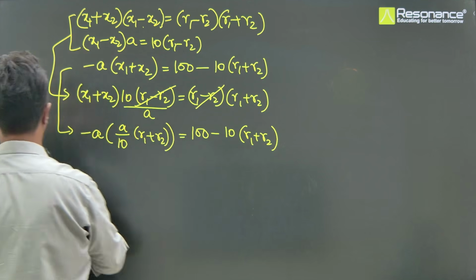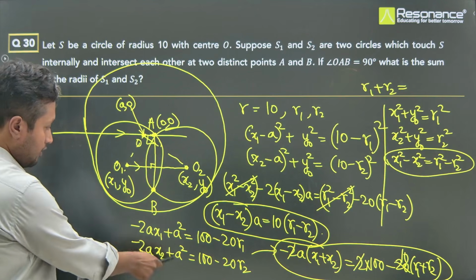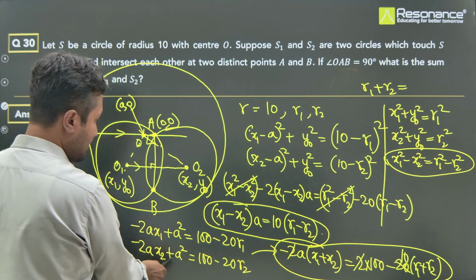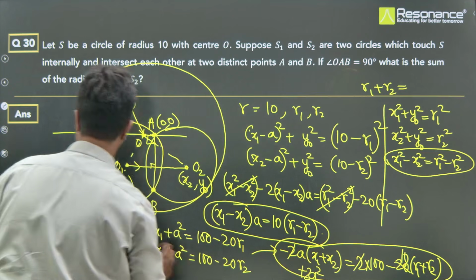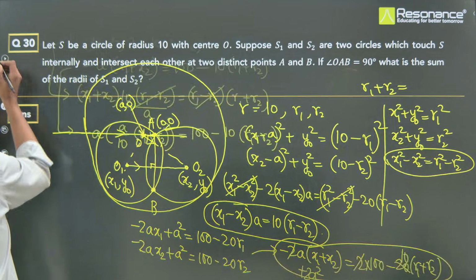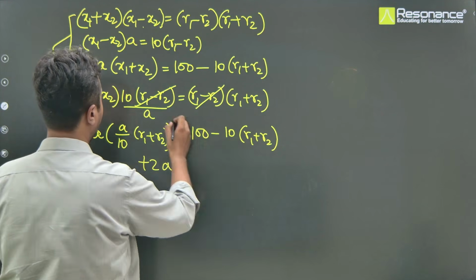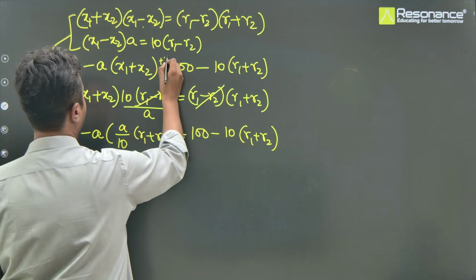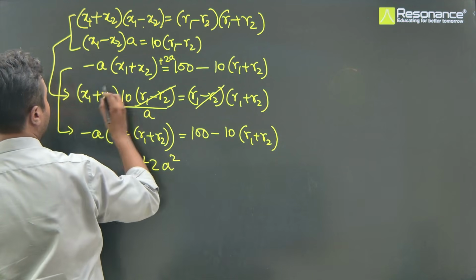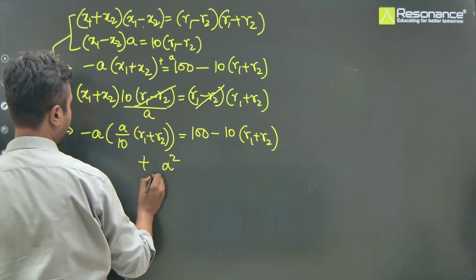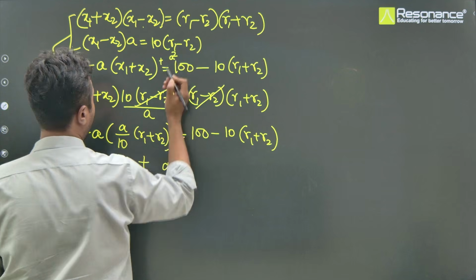Oh, so that's the term I missed. Over here you have a square and a square. I forgot to add that over there. It must be plus 2a square. I see, so that was the catch. Plus 2a square is equal to all of that. So I should also write it over here. Maybe it would be just a square now, right? Because we also divided by 2. So I'd be having plus a square.